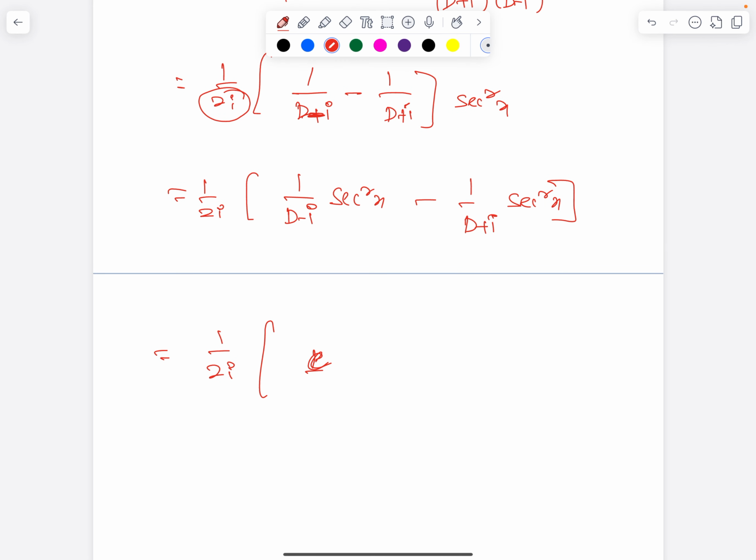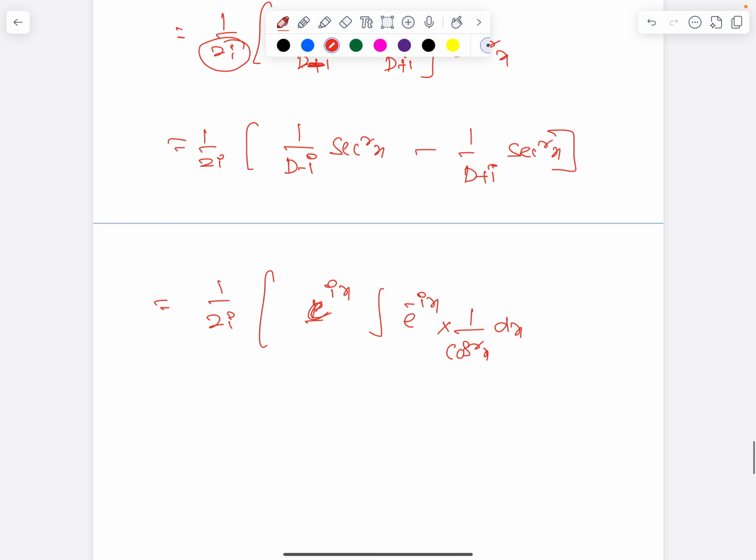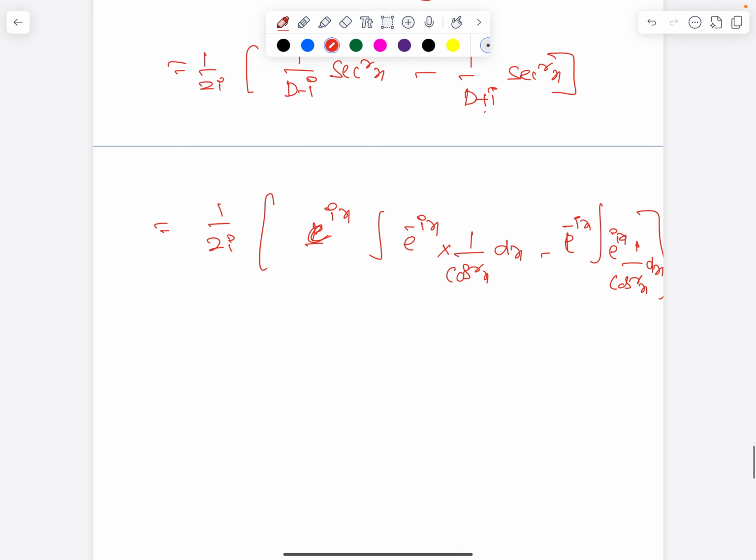D minus i is e power ix, integration e power minus ix into secant square, which is 1 by cos square x dx, and the other part is minus 1 by, since plus is there, plus should go inside, negative should come out, and then integration of e power ix 1 by cos square x dx, and this is the part we have to simplify.